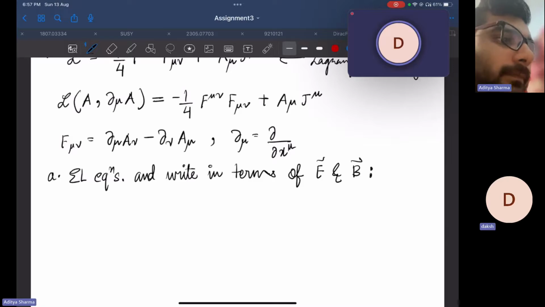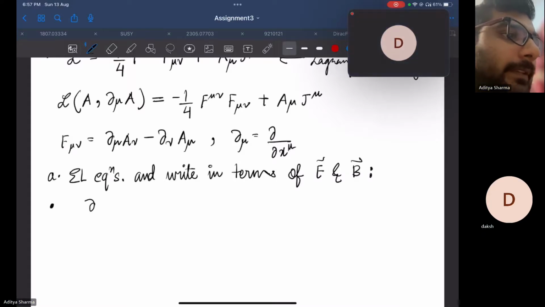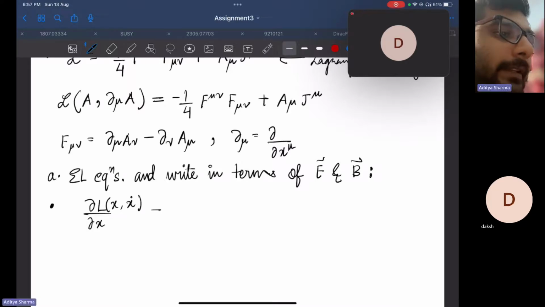Okay. So the Euler-Lagrange equation in the general case is dou L by dou x, if the Lagrangian is a function of x and x dot, like this, right?